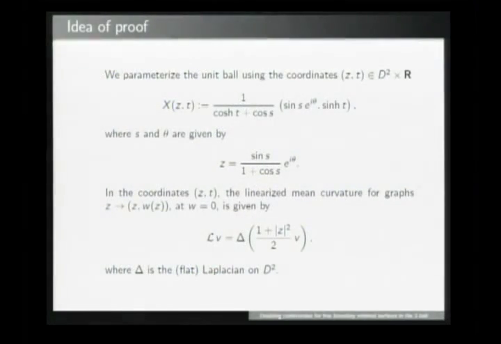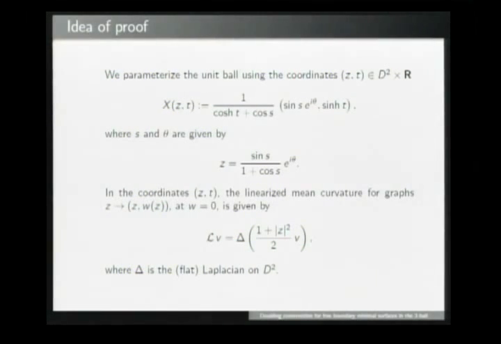So here it is slightly more complicated, and what you have to do is parameterize the 3-ball in a reasonable way. And so what we have chosen is this parameterization here. In fact, Z belongs to the unit disk and T belongs to R. And Z is related to the parameters S and theta by this formula here.